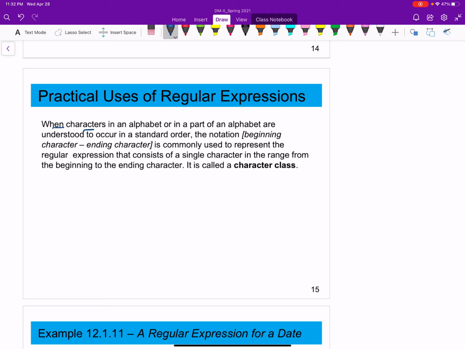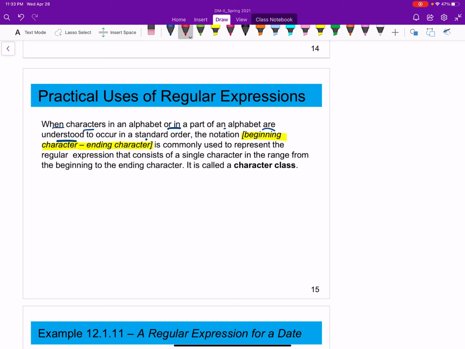When characters in an alphabet or in a part of an alphabet are understood to occur in a standard order, the notation is this: it starts with a square bracket, then the beginning character, a dash, the ending character, and another square bracket.